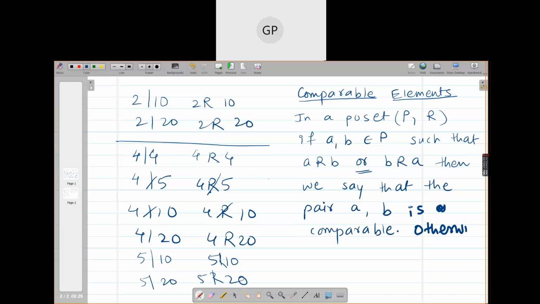Otherwise, non-comparable. So now from D20, we will find out which pairs are comparable and which pairs are not comparable.